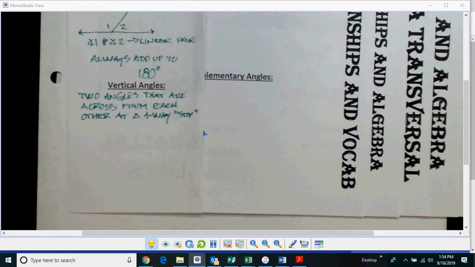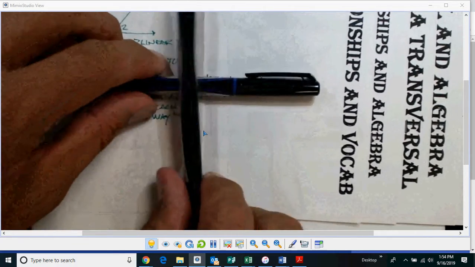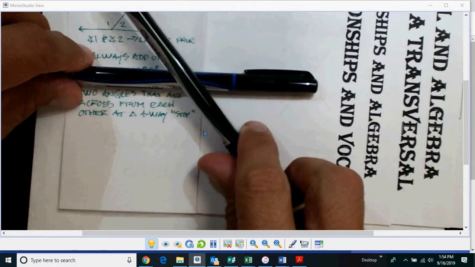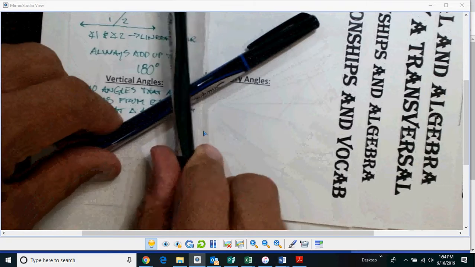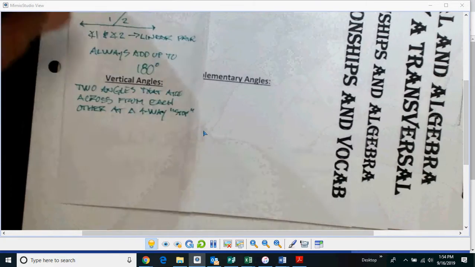What does a four-way stop look like? Like an intersection, two roads crossing each other, right? Everybody has to stop. Now, does it have to be at right angles? No, it can be at any angle, and it can still be a four-way stop, right?